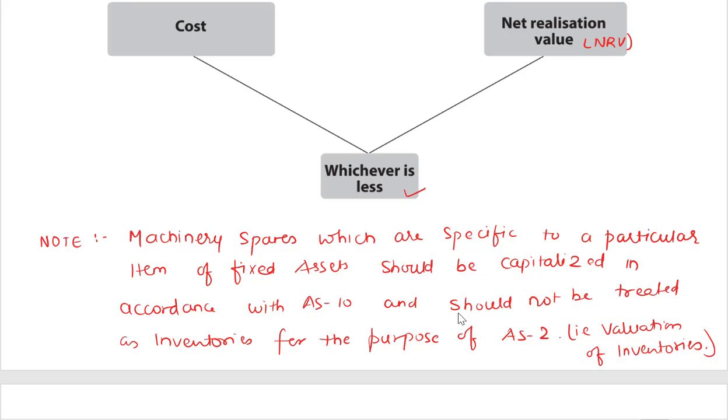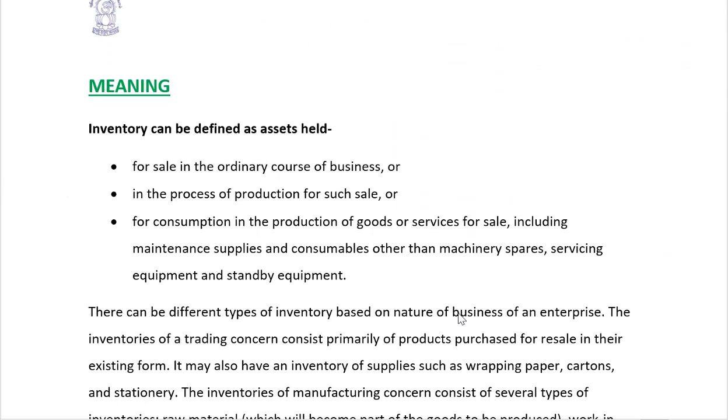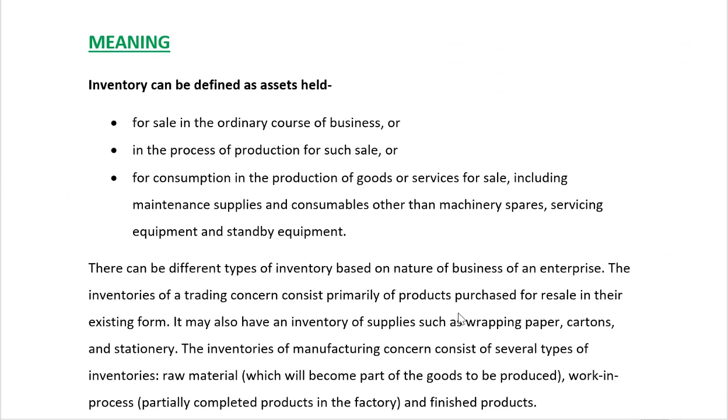Let us move ahead now. Let us try and understand the meaning of assets over here. So inventory can be defined as assets held for sale in the ordinary course of business, or in the process of production for sale, that is WIP, or for consumption in production of goods or services for sale, including maintenance supplies and consumables, other than the machinery spares.